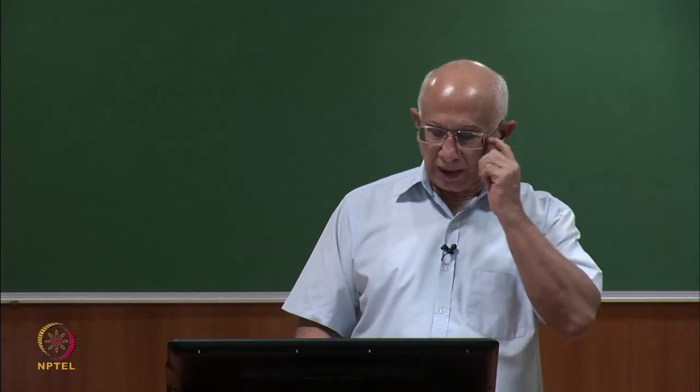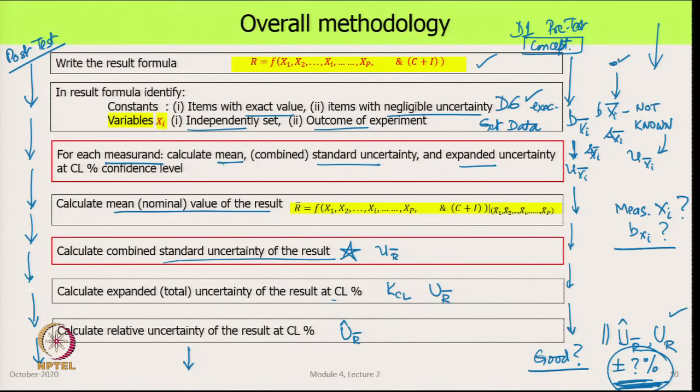So, this is the overall strategy we have, and the way we will proceed further in the course is that we will learn the methods of calculating the combined standard uncertainty of each result. This is the next big module. After that, we will look at another two modules on how to calculate the uncertainty of the result.